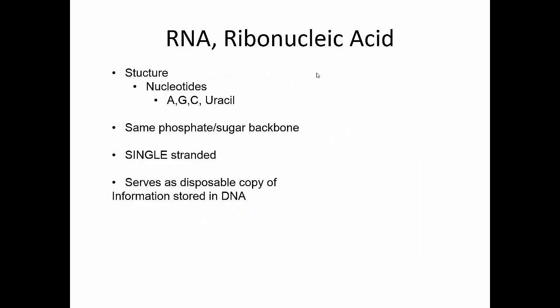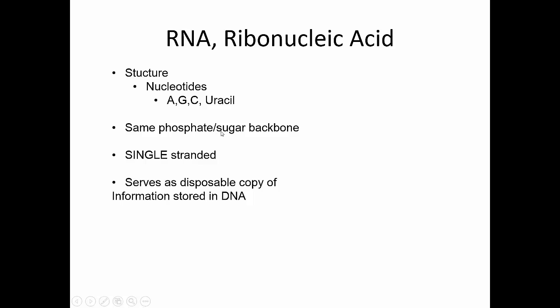When it comes time to make a new protein, and you need to get the information that's in the nucleus out to the cytoplasm, that is where ribonucleic acid steps in. So it is going to have 3 of the same nucleotides, A, G, and C, only in the case of RNA, instead of thymine as the 4th nucleotide, you have uracil.